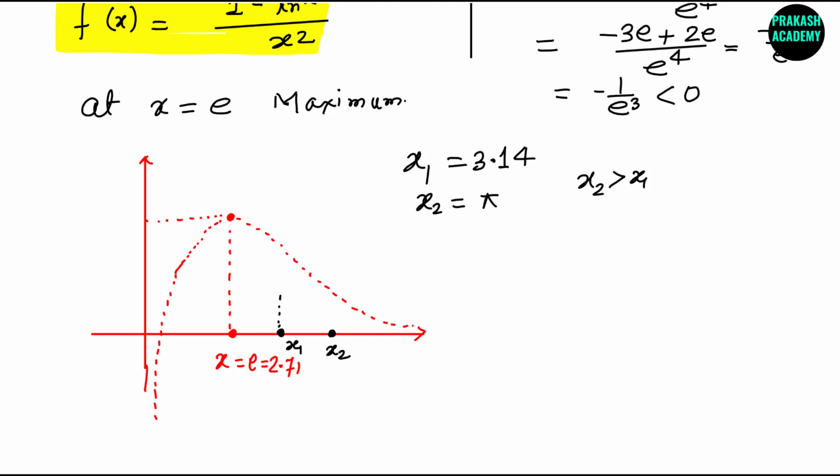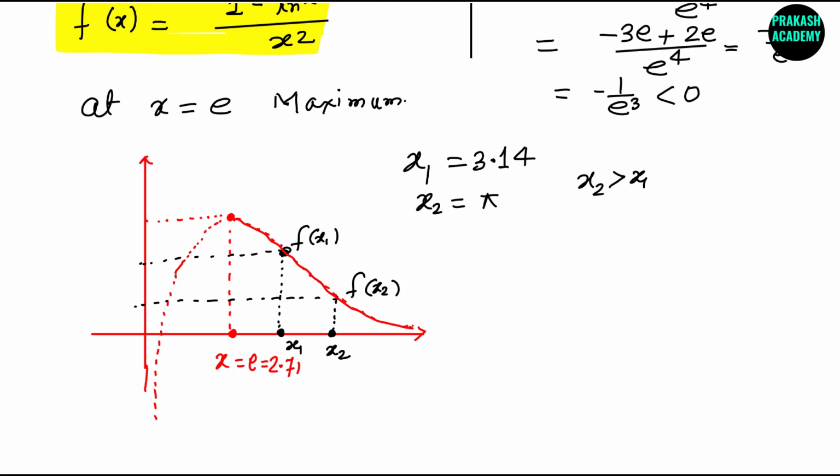So this is the value of function at x1. So this is basically f x1. And this value at x2, so this is f x2. Now see, in this region, this function is a decreasing function.